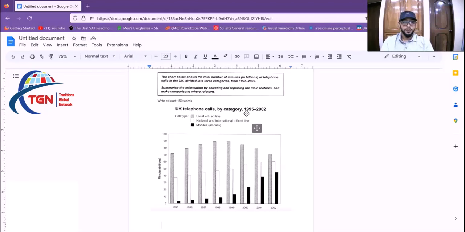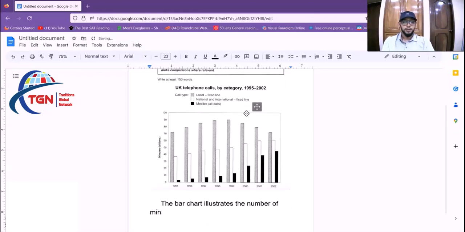So let's paraphrase this. So right here, the bar chart illustrates the... it says the total number of minutes, right? So let's just say the number of minutes in billions of phone calls, or let's just say right here we can use this. It says UK telephone calls by category, right?